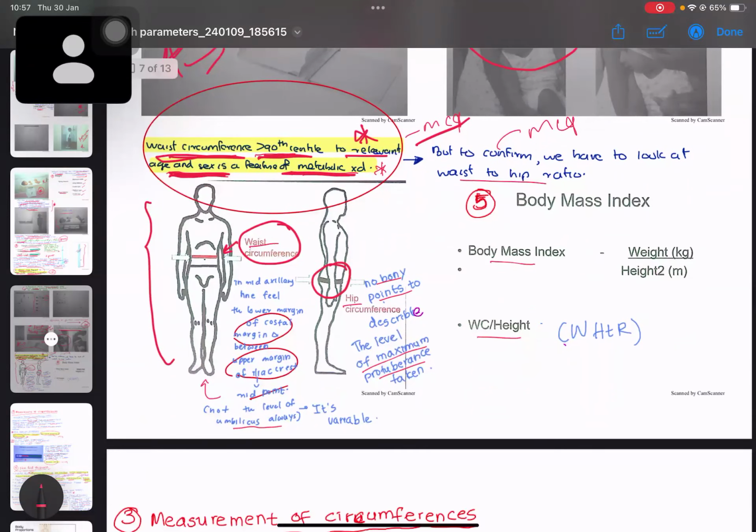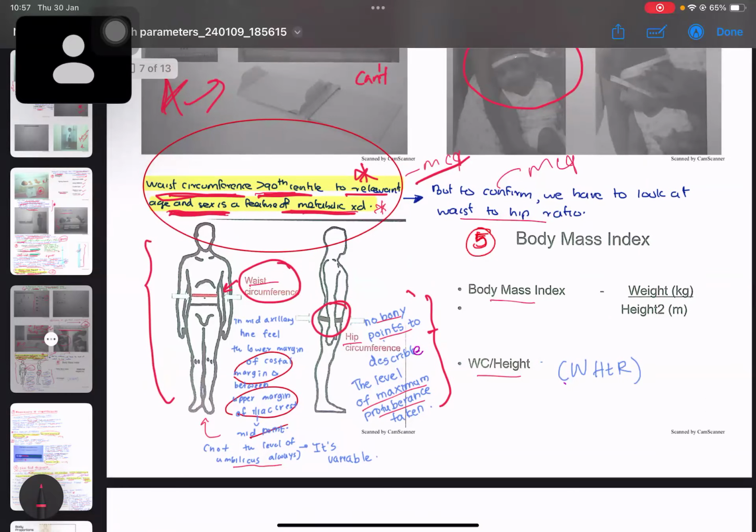Usually waist circumference is measured like this, and hip circumference too. They won't ask how to measure waist or hip circumference, but waist circumference is the important thing. If the waist circumference is more than the 90th centile, to confirm whether it's metabolic syndrome or not, we have to look at the waist-hip ratio.